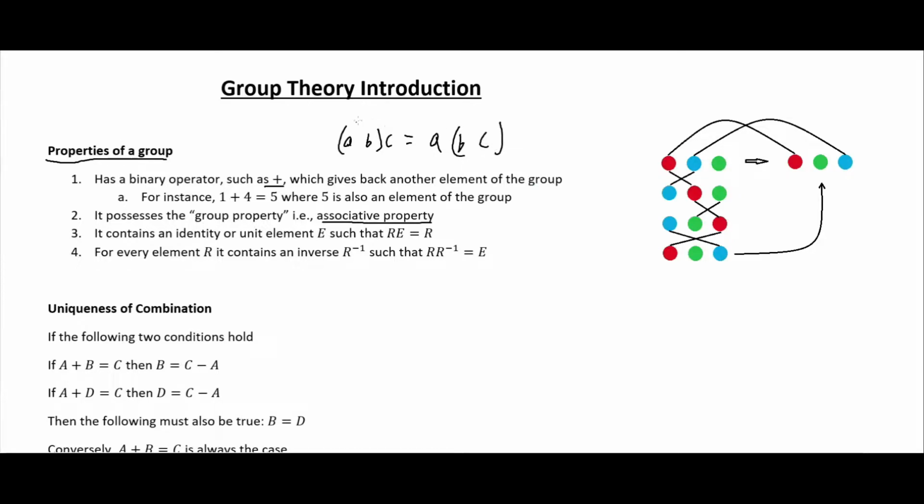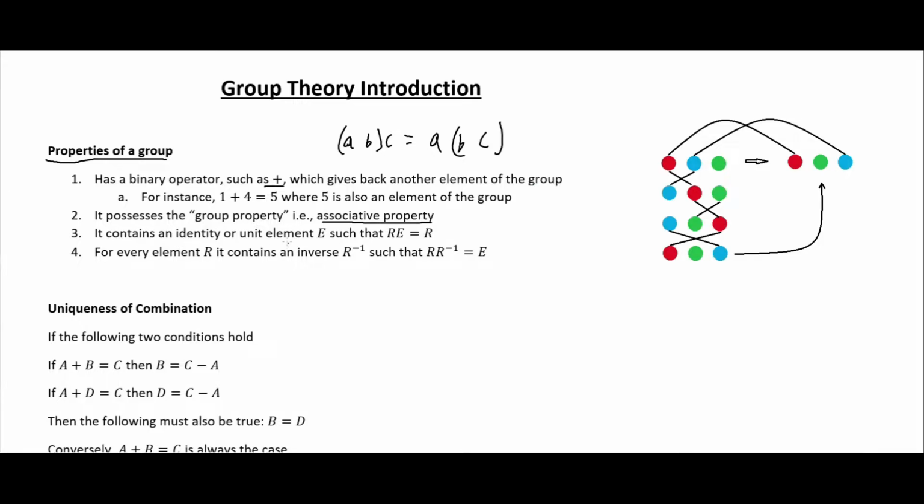The order of the objects you're performing your operation on does matter, but the order in which you actually do the operation on this particular permutation doesn't matter. So that's the associative property.